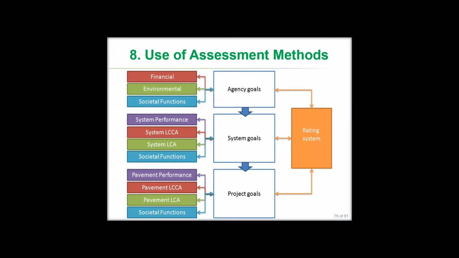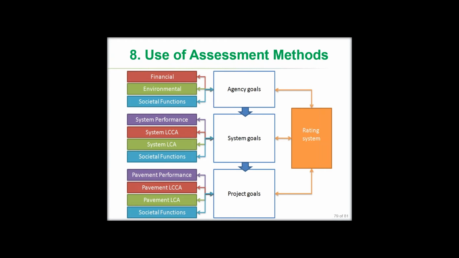And to put that in a graph, maybe there's too much information in here, but what we try to do is to look at, for example, life cycle assessment, which is environmental performance, and you see it here in green. This can be used to look at project goals. It could be used to look at a system or a network goal, and more generally on some environmental priorities on the agency level.